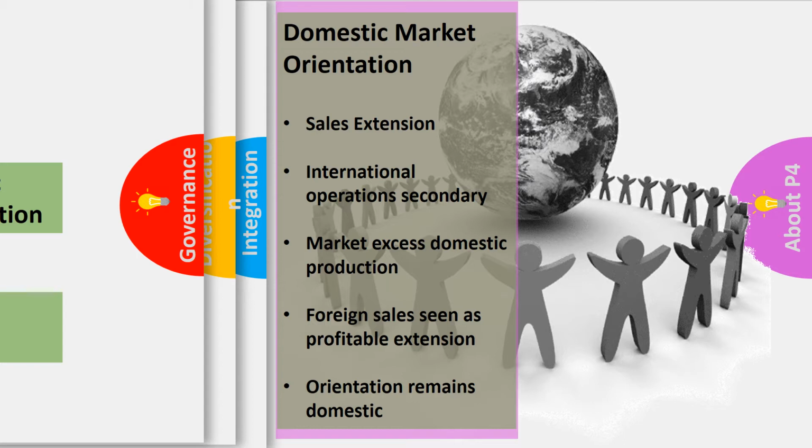And again, as we've stated before, a domestic market orientated approach is more like a sales extension, where the international operations are seen as secondary to the domestic market, and the international market operations is actually supported by the functionality in the different departments from the domestic market. Foreign sales are seen as a profitable extension, but the orientation remains domestic.